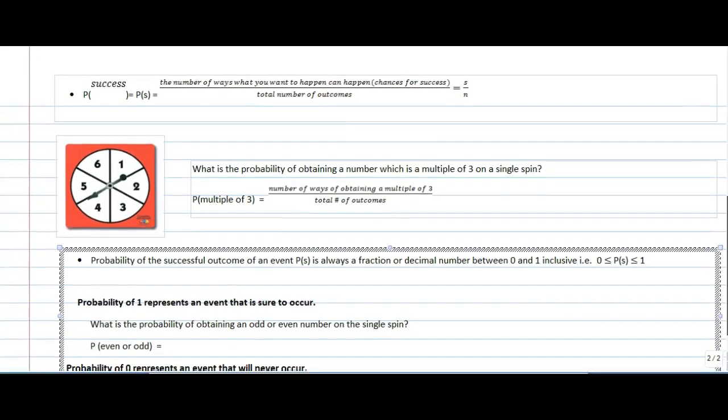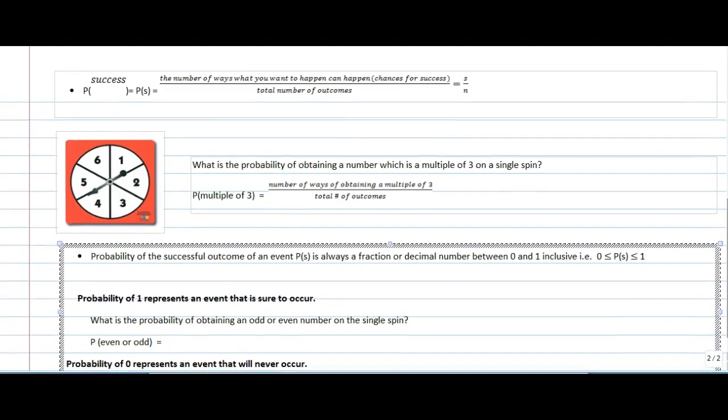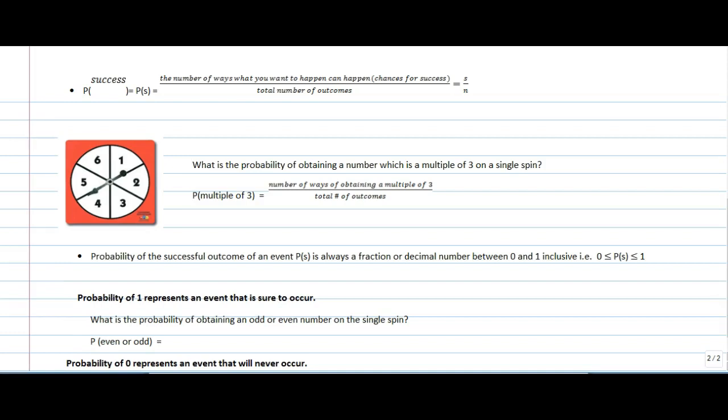So here we have a spinner to the left, and we want to know what is the probability of obtaining a number which is a multiple of 3. So what we need to do is ask ourselves, how many chances for success do I have? Here, success is obtaining any number which is a multiple of 3 on this spinner. So 3 is a multiple of 3. 6 is a multiple of 3.